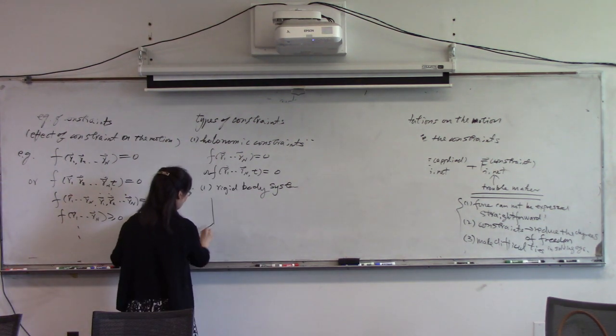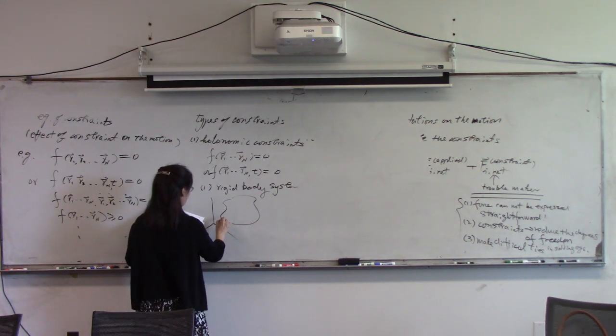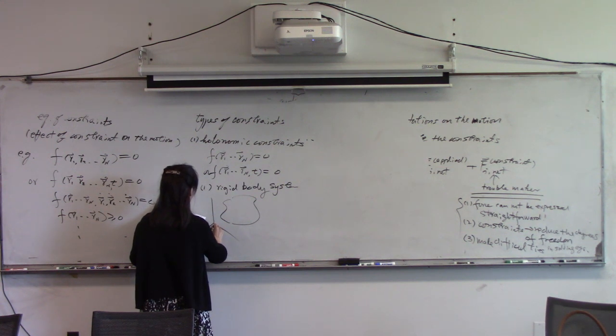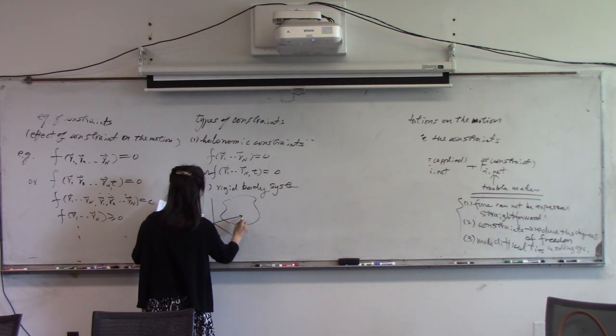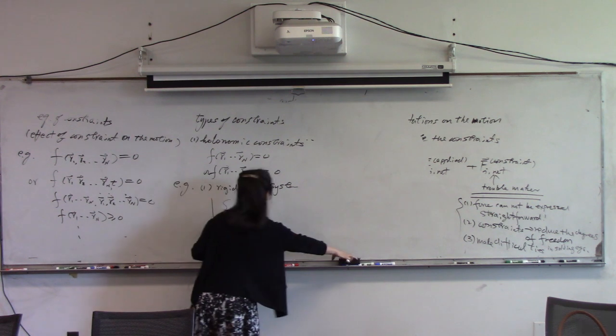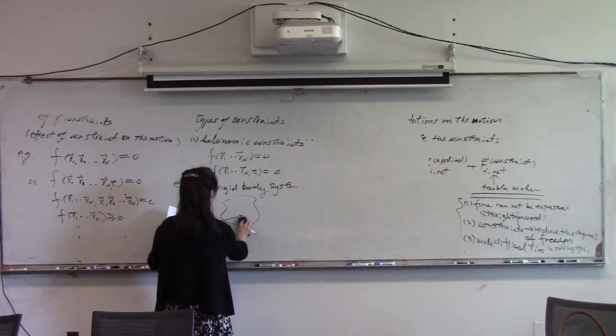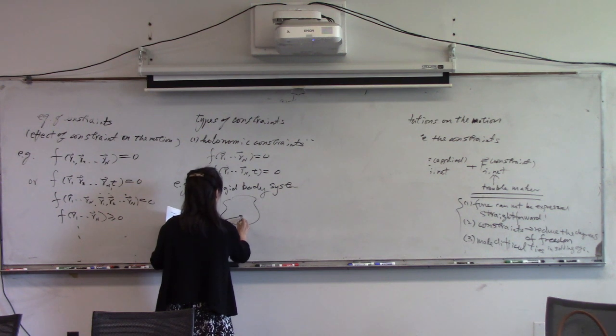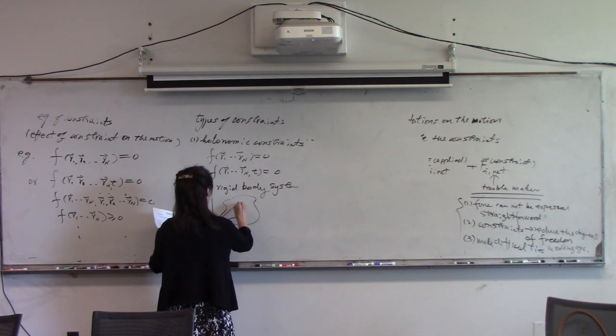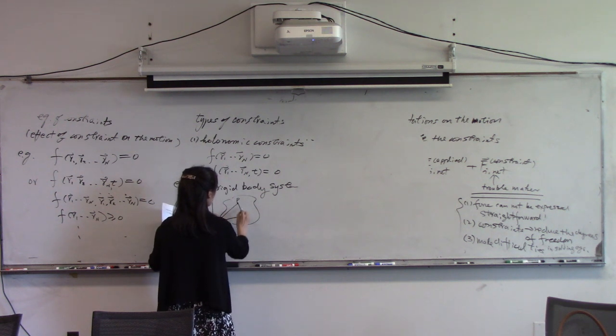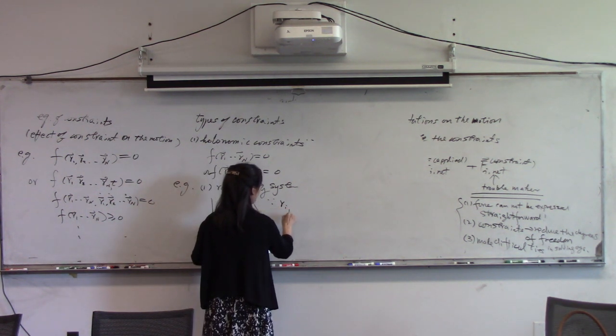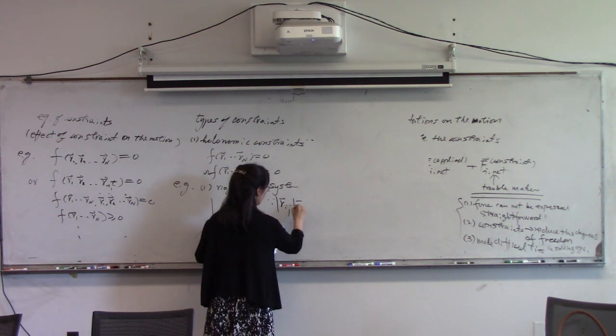So in a rigid body system, let's consider we have a body here, and we have particle A in one position and another position P. So the distance here, say i and j, r_ij is constant, right?